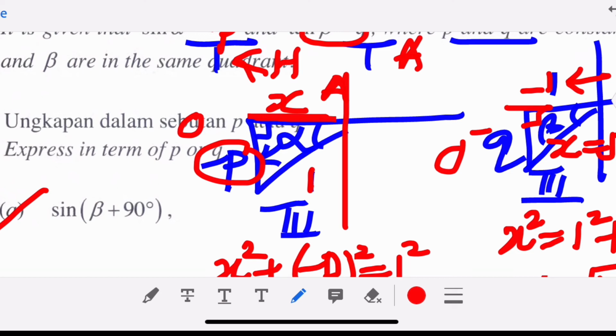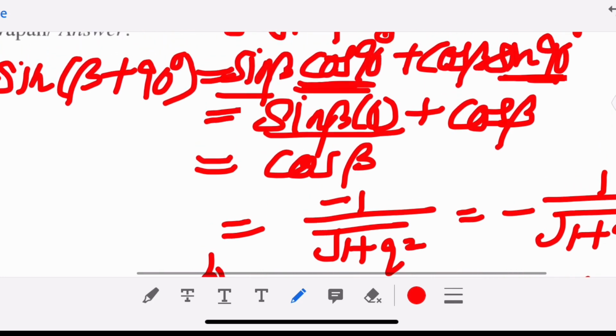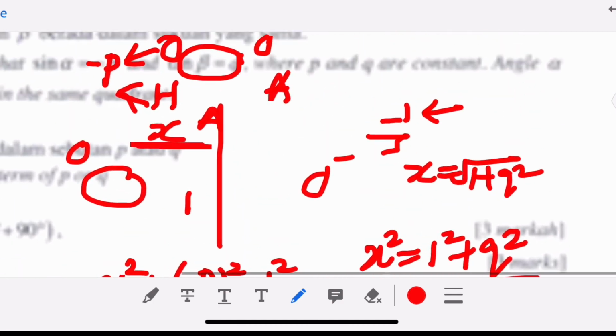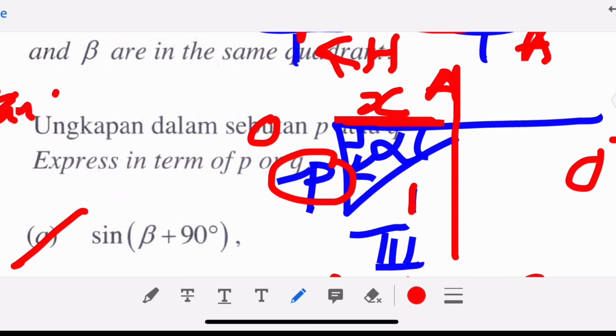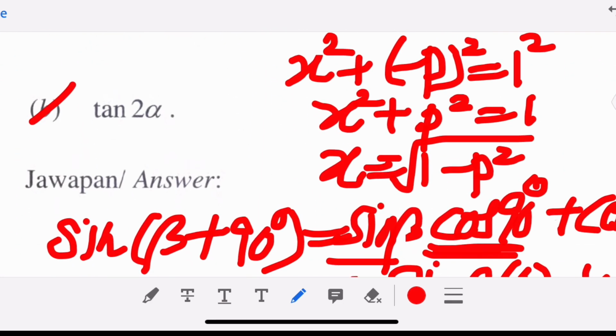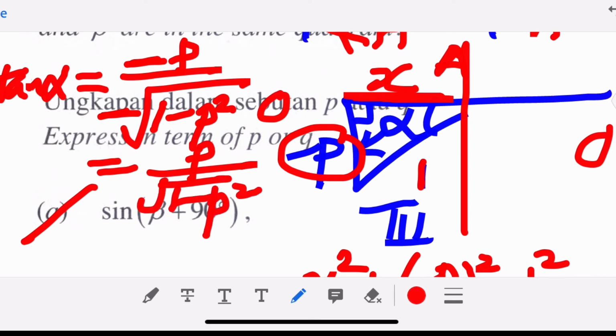So we make the x negative because it's on the left side. That means for tangent the value will be positive. So tangent alpha is negative p over negative square root of 1 minus p squared. So it's a positive value because both are negative, right? So it becomes p over the square root of 1 minus p squared.